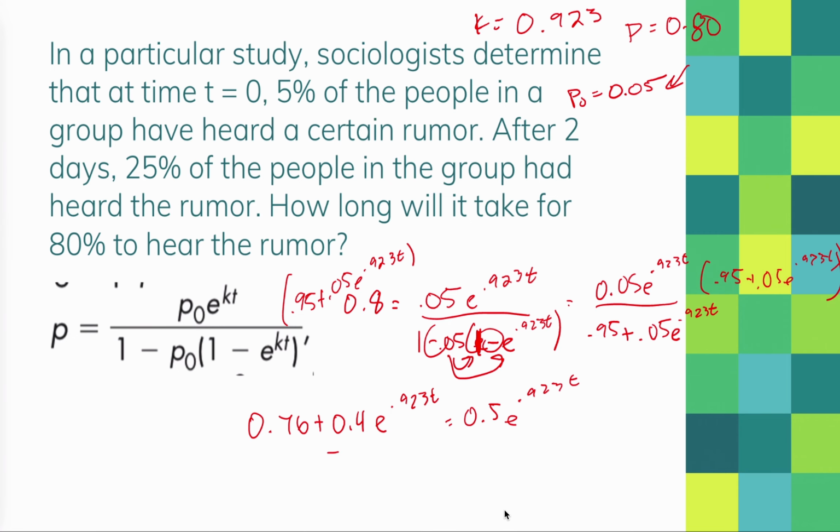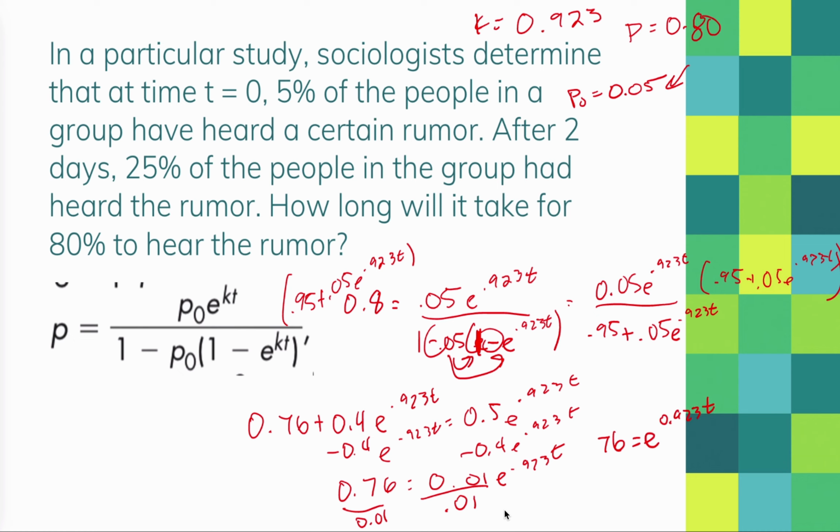If we subtract that 0.04 e term from both sides, we're going to get that 0.76 equals 0.01 e to the 0.923t. Divided by 0.01, that ends up being 76 equals e to the 0.923t.